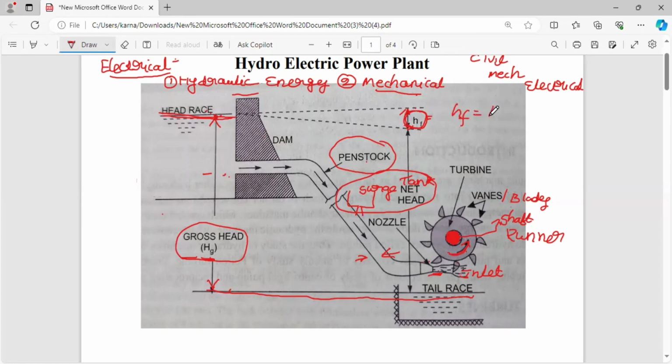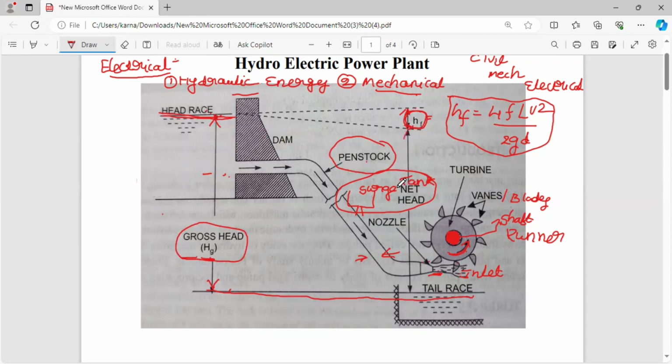Hf can be calculated using the relation 4fLV squared by 2gD, based on the Darcy-Weisbach equation. In the next videos, we will discuss this important equation also. Now, this is the loss of head due to friction.